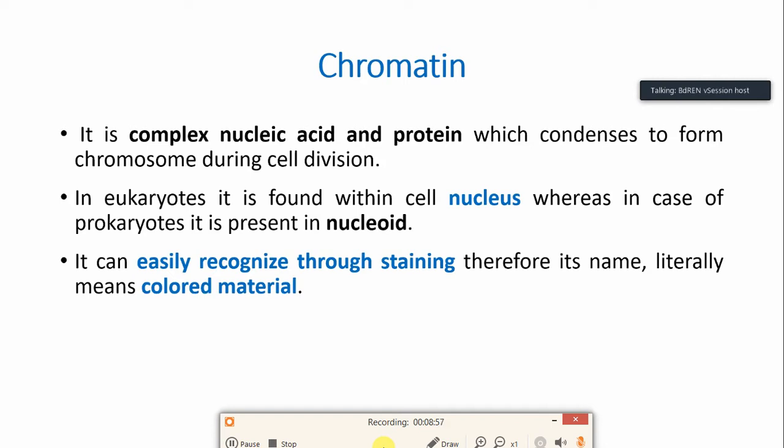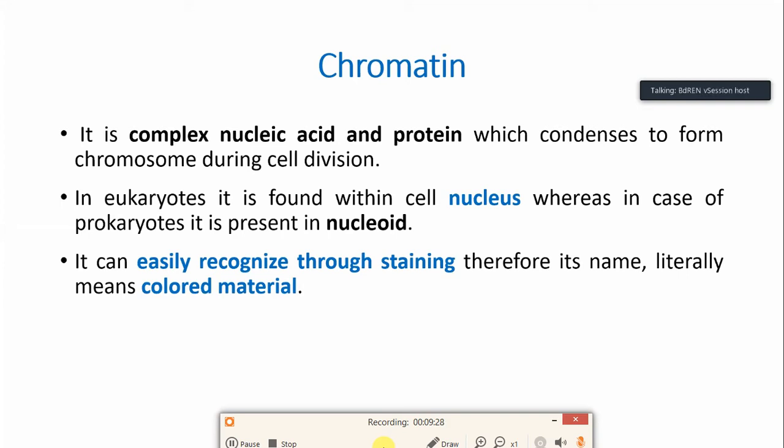So where can it be found? It can be found in the nucleus in eukaryotes. In prokaryotes there is no nuclear membrane, so the nuclear material or DNA is exposed in the cell.